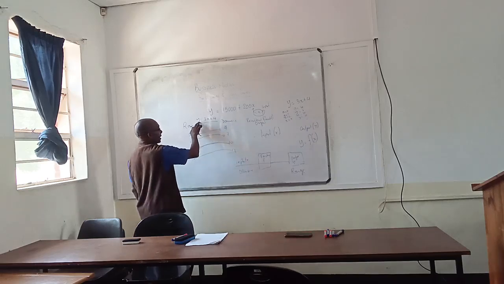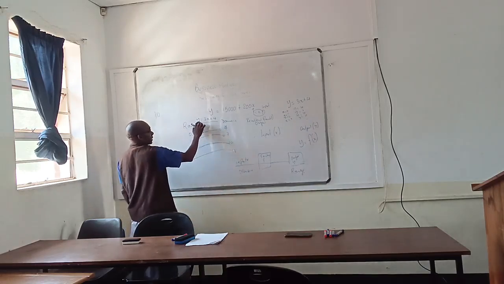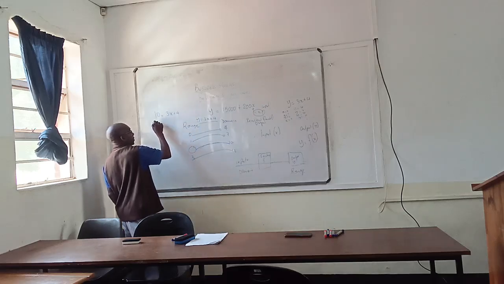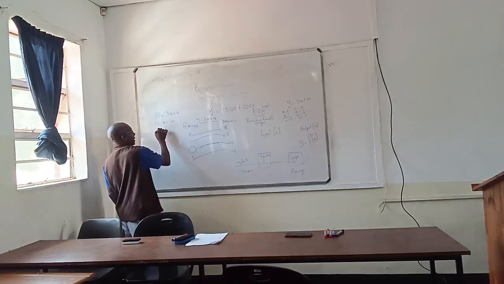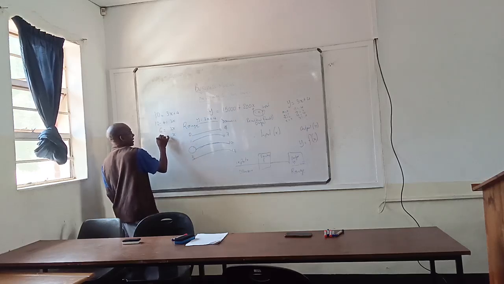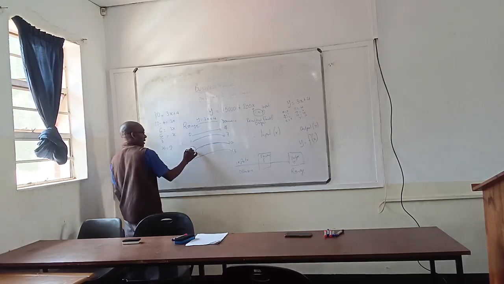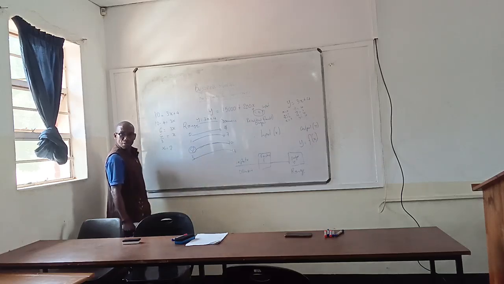So you are putting 10 here: 10 is equal to 3x plus 4. So 10 minus 4 is equal to 3x. Then 6 is equal to 3x. Then x is equal to 6 divided by 3. Then x is equal to 2. You are doing something like that, right?